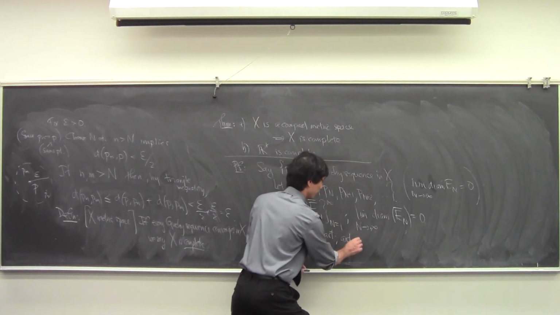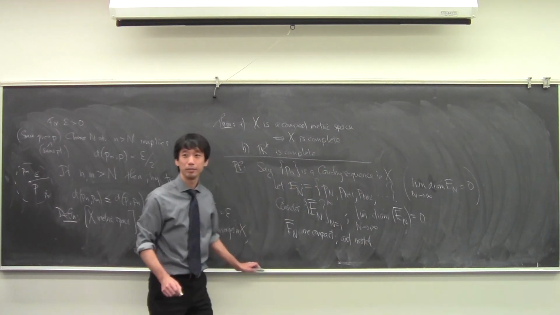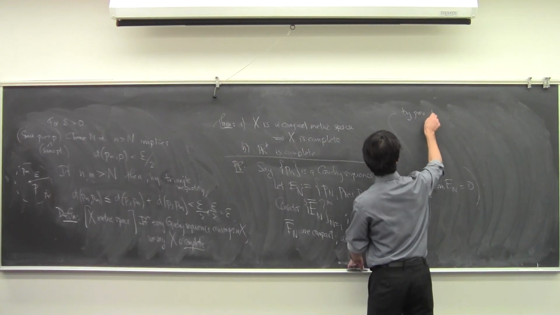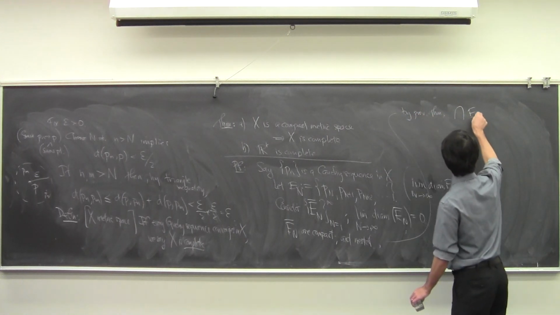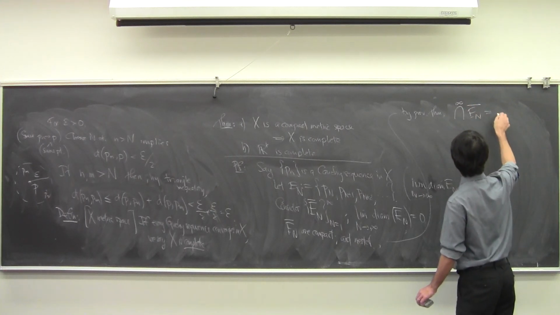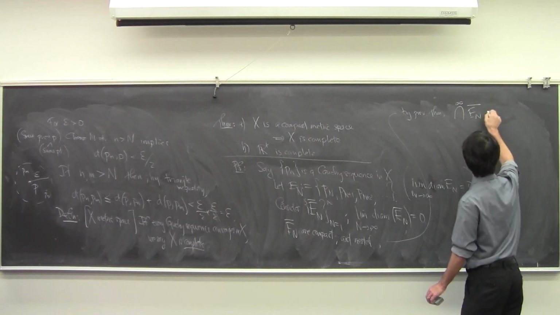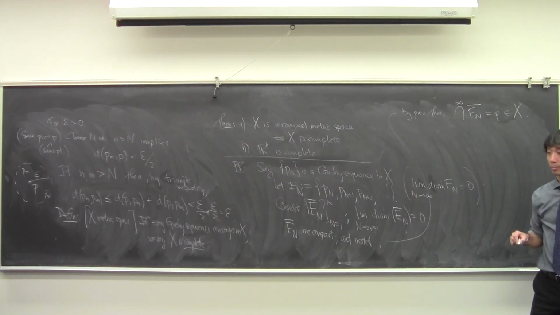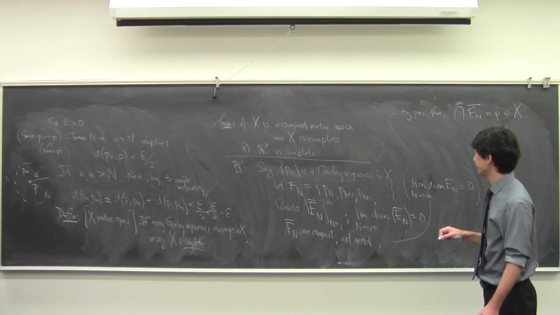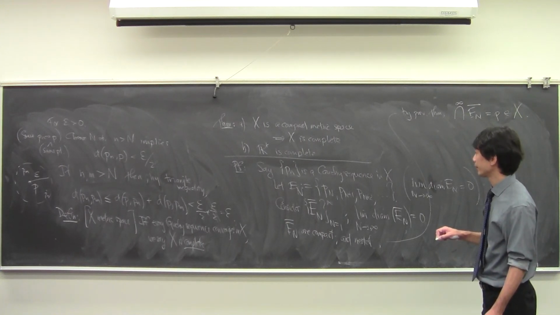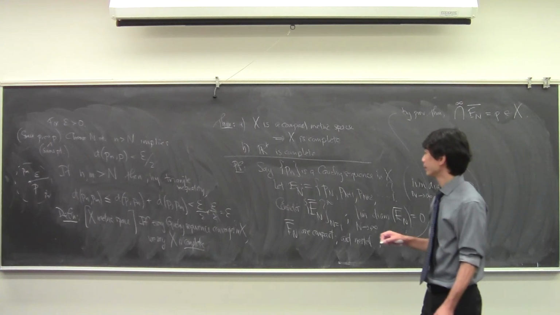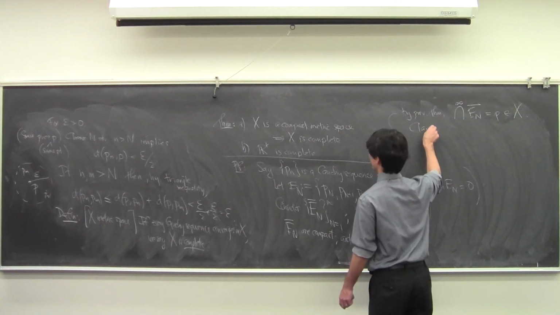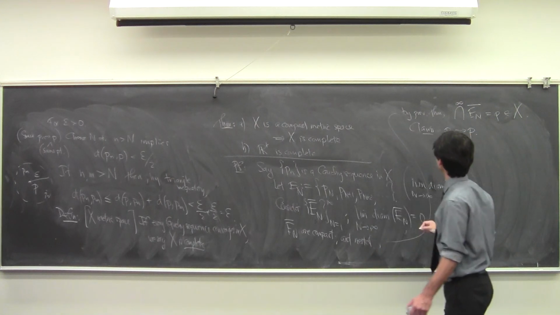And they're nested, by construction. So by the previous theorem, we know that the intersection of the E_n is a single point, equal to some point p in X. And so we claim that the p_n converge to that p.